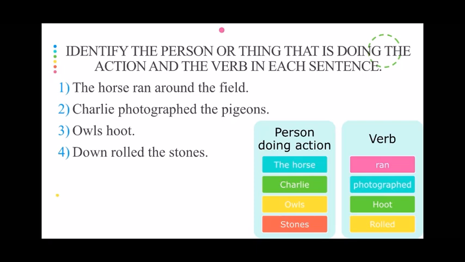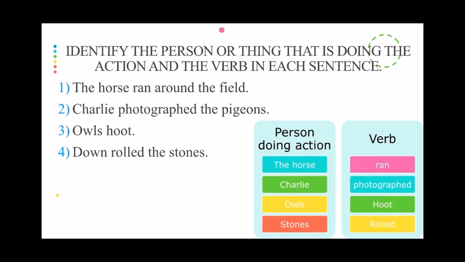So in these sentences, the person who is doing, or the animal or the thing who is doing the action is the subject. In all the 4 sentences, the person, the animal or the bird or the thing which is doing the action is the subject.